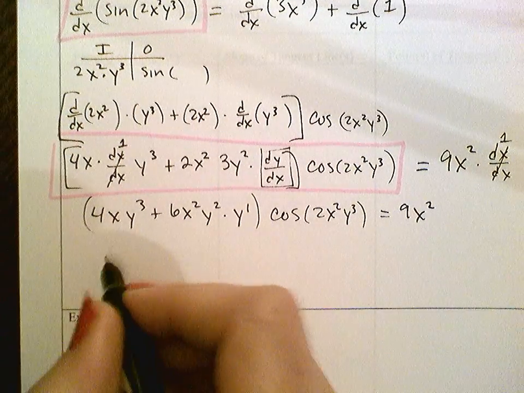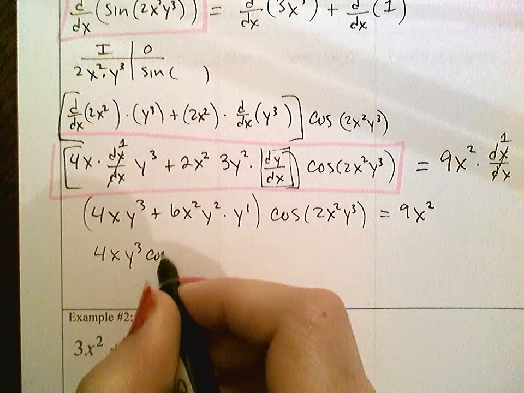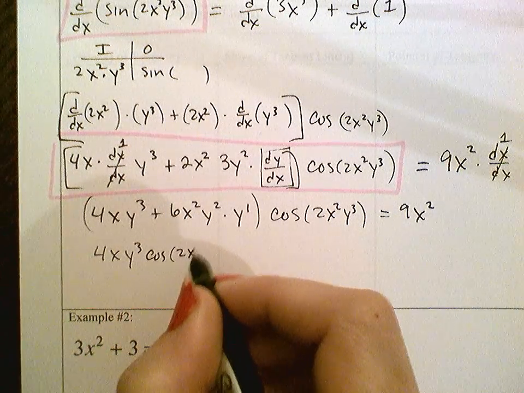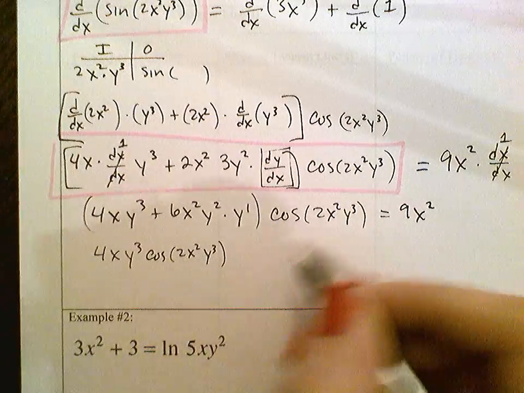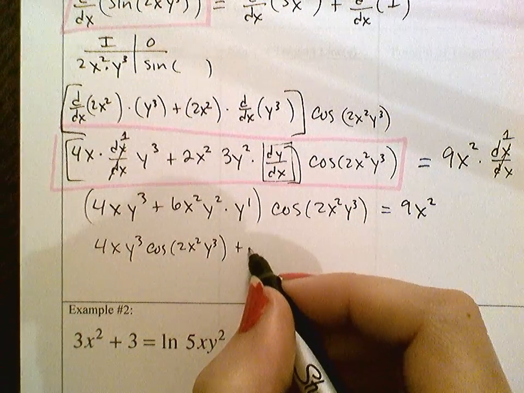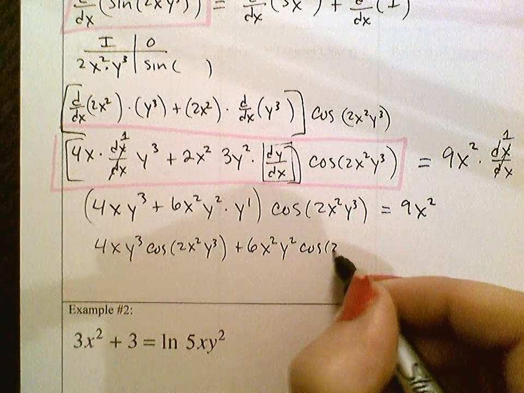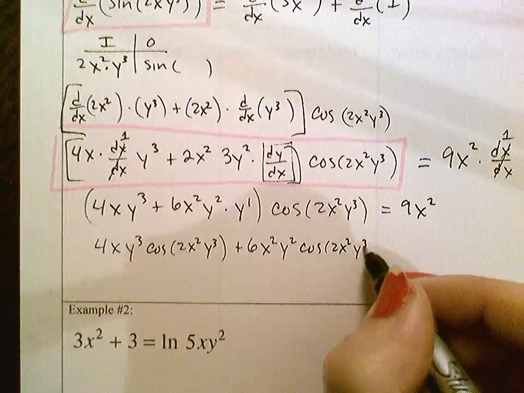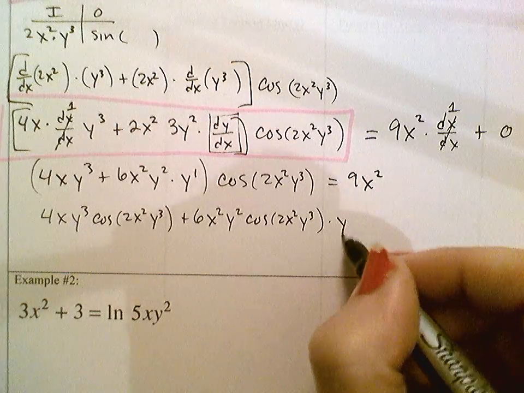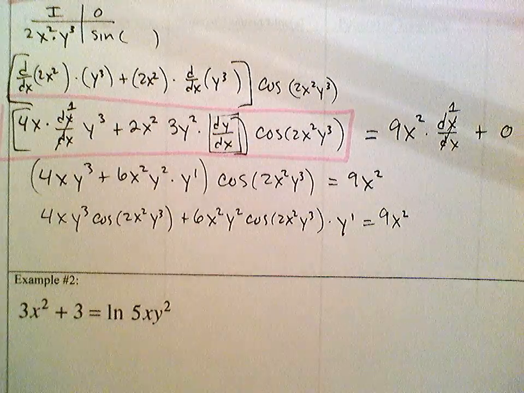So we would end up with 4x y to the third cosine 2x squared y to the third. And I'm going to leave the y prime at the end. Plus 6x squared y squared cosine of 2x squared y to the third y prime equals 9x squared.